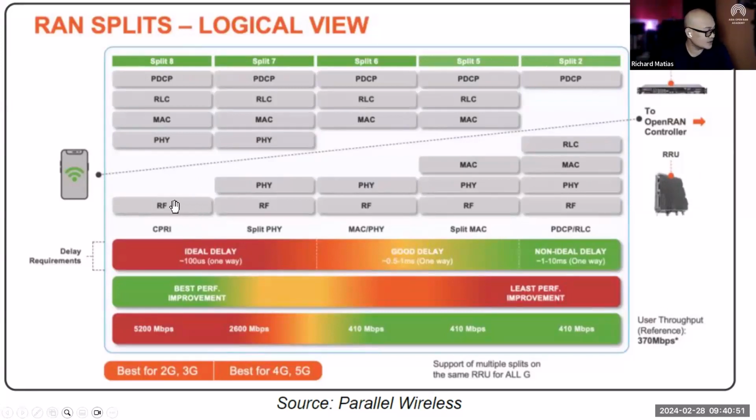Okay, so that's one of the main drivers why we are doing these split functions. It depends on the type of application and of course to efficiently save on cost.